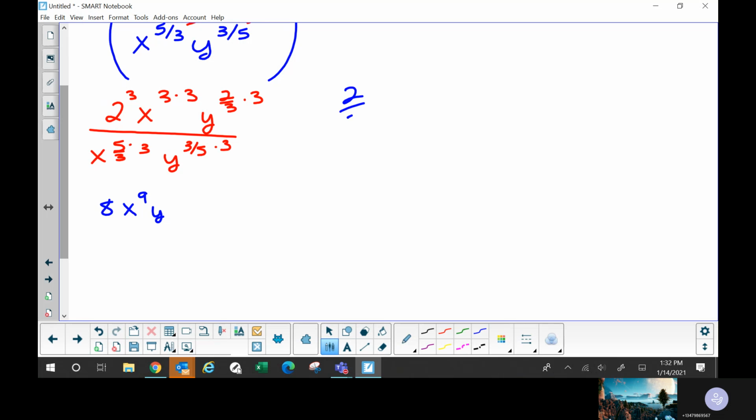So 2/3 times 3 gives you 6/3, and that's just 2. Okay. So on the top, so far, we have 8x to the 9th power y squared. Now on the bottom, you're multiplying 5/3 times 3. That's going to give you 15/3.